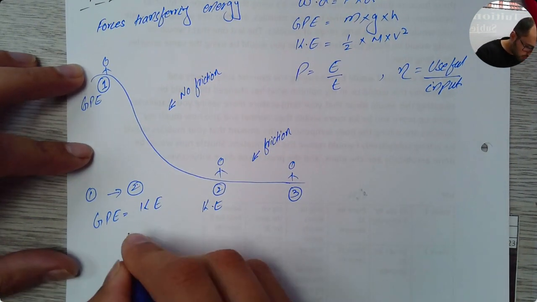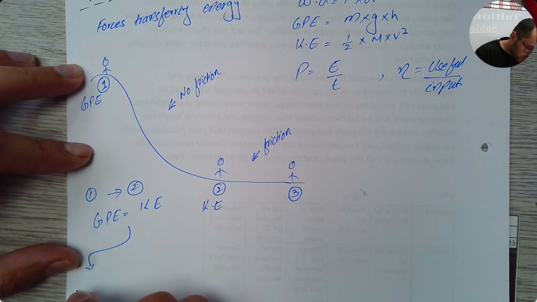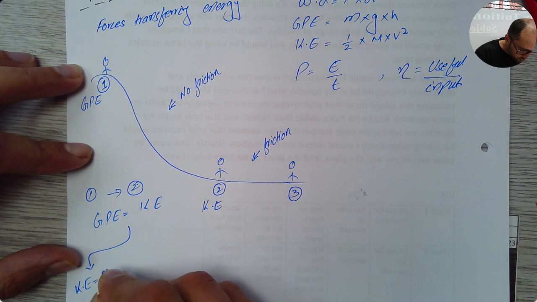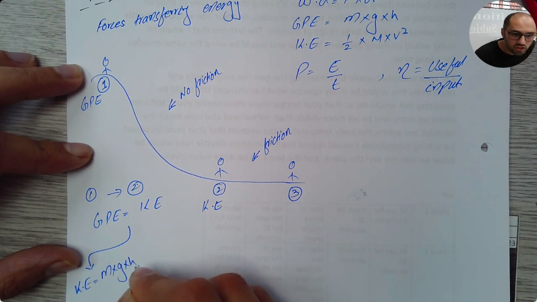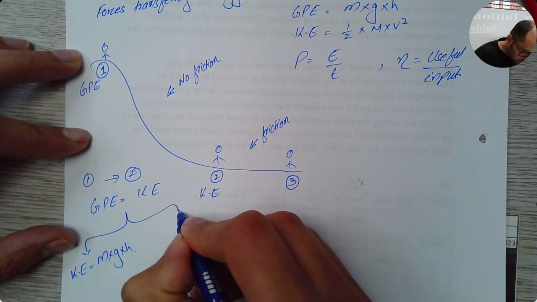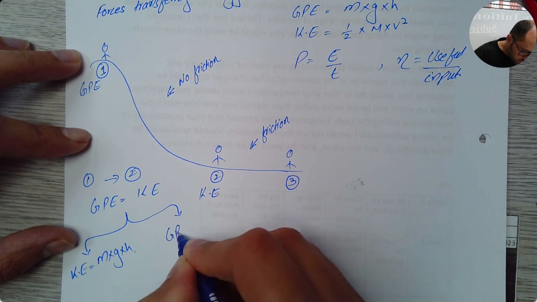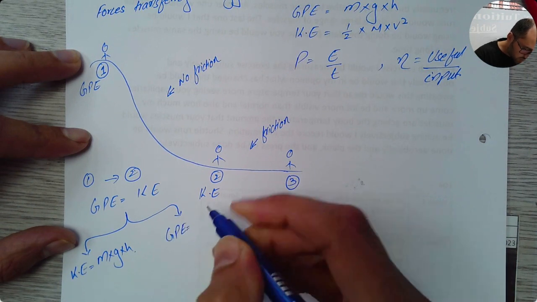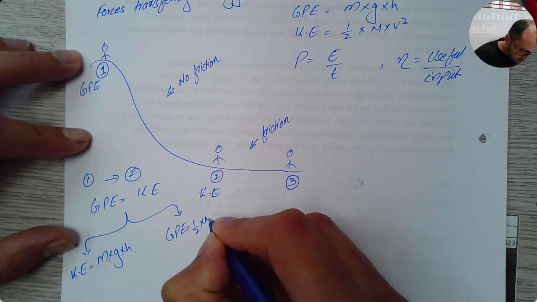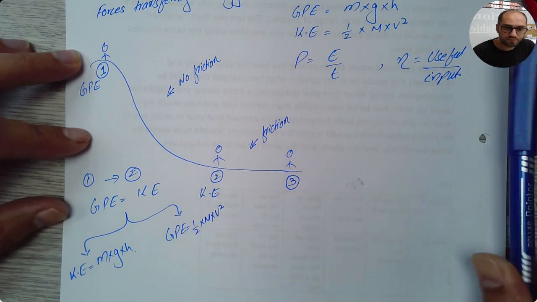I can have 2 equations from here. One will be KE equals M times G times H. And the second equation that I can get from here is GPE is equal to half times M times V squared.